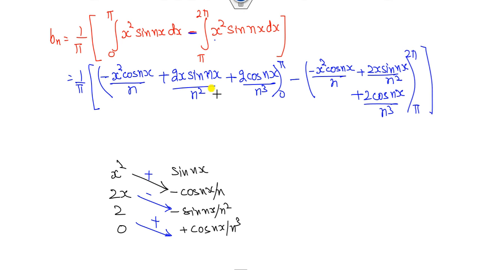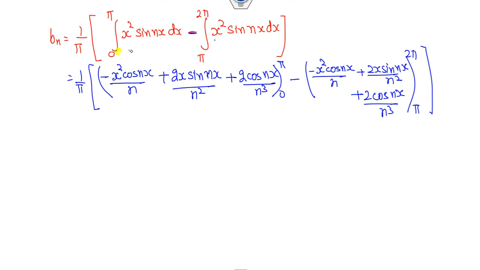Now I can substitute the limits. So what are the limits of this? 1 over pi. When you substitute pi, it's minus pi square minus 1 raised to power n over n. Sin pi is 0. It is plus 2 minus 1 raised to power n over n cube.